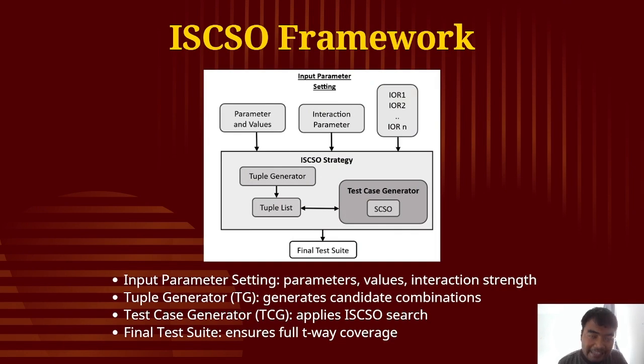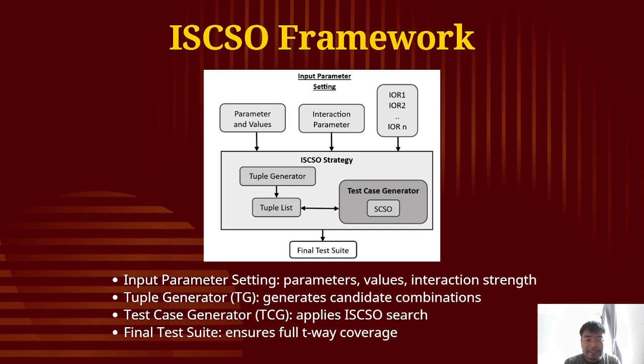So this is our ISCSO framework, where I stands for input-output relation and SCSO is sand cat swarm optimization. For the input parameter setting, we have parameters, values and interaction strength. For the tuple generator, we generate the candidate combinations.